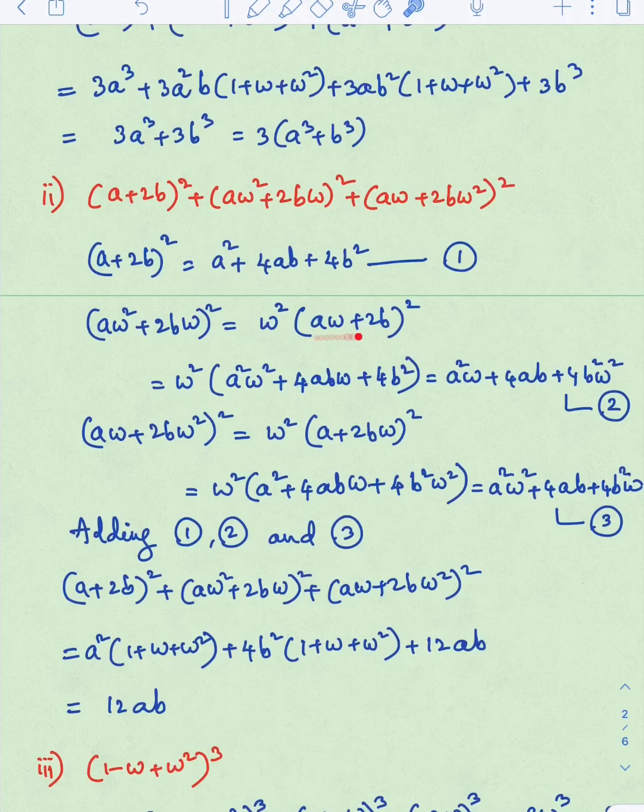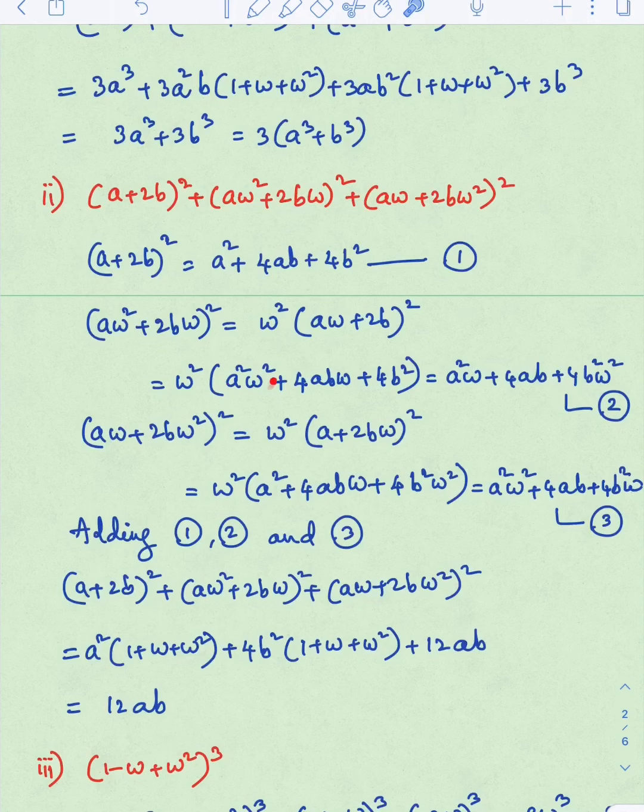It's a square, so omega square is kept the same. This is written as a plus b whole square. That is a square omega square plus 2 into a omega into 2b will become 4ab omega plus 2b whole square is 4b square.